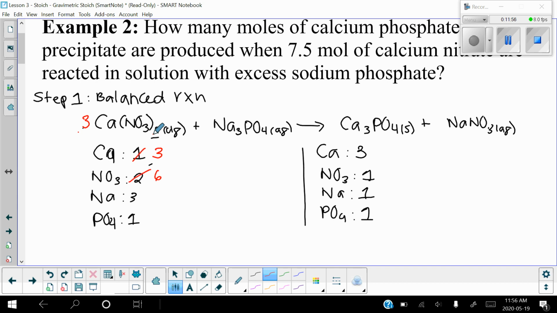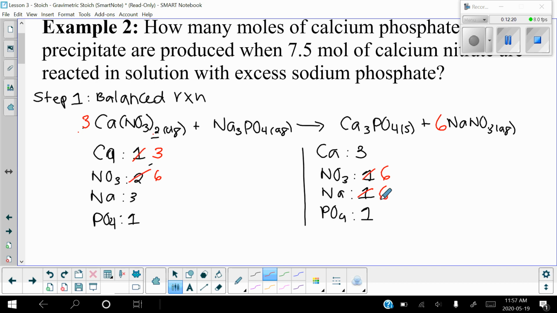Okay, so now I see that my nitrates don't match up. So I'm going to go over and give my nitrate a coefficient of 6. Okay, so now I need to recalculate. I have 6 nitrates and 6 sodiums.